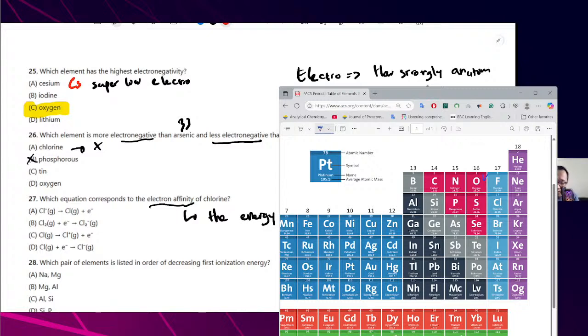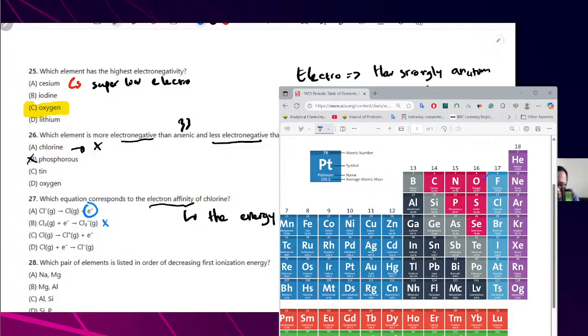So let's evaluate the options one by one. The first option, Cl minus, shows loss of electron. How about B? This is for chlorine molecules, not the atom. And then how about C?